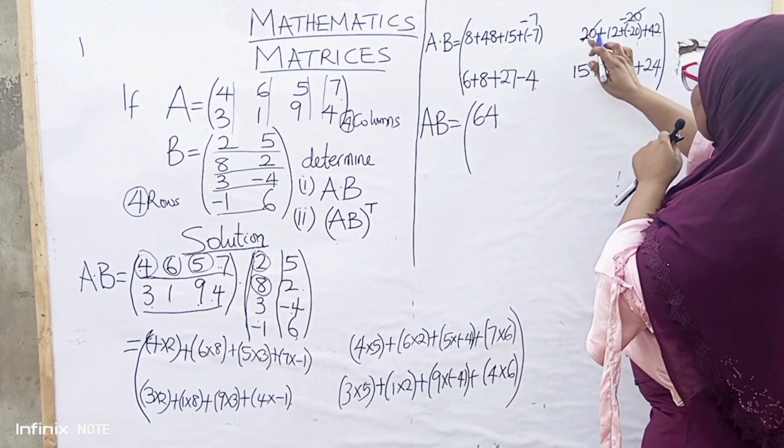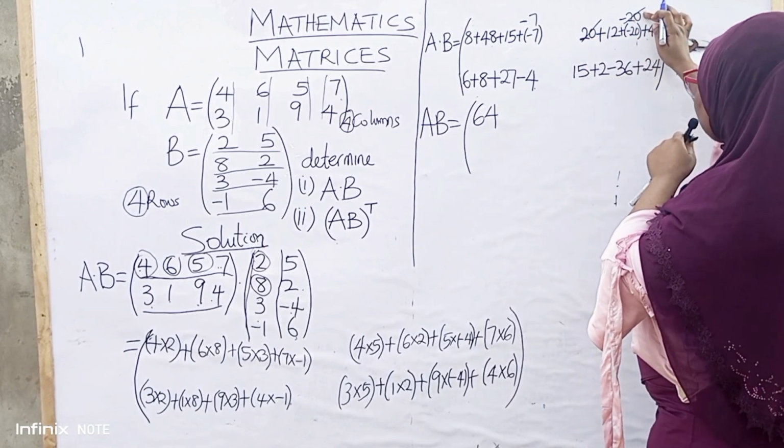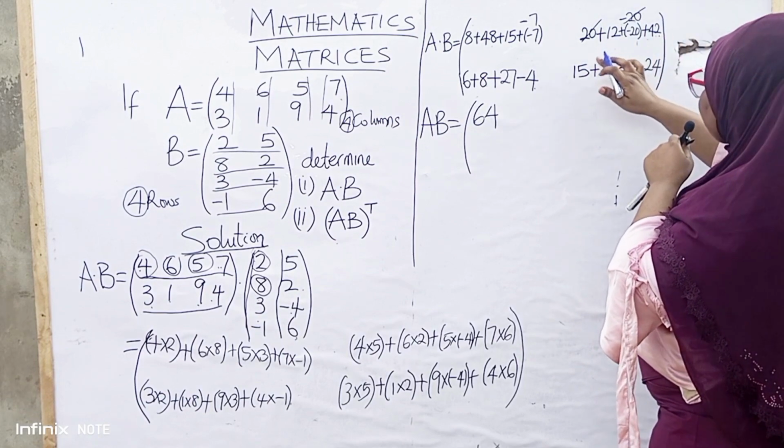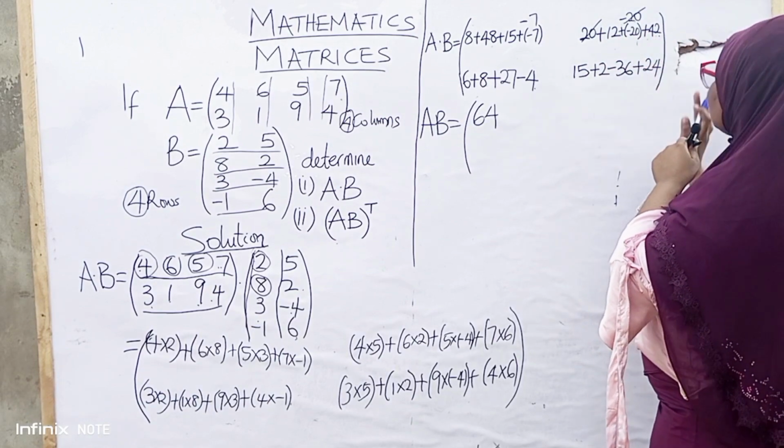So here is 64. Here, you can see that we have plus 20 here, we have minus 20 here, so they have cancelled each other. So we are left with 12 plus 42, and that is 54.